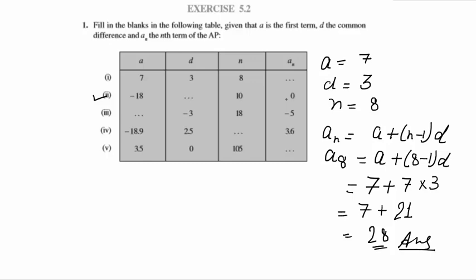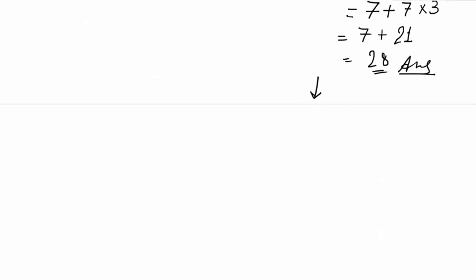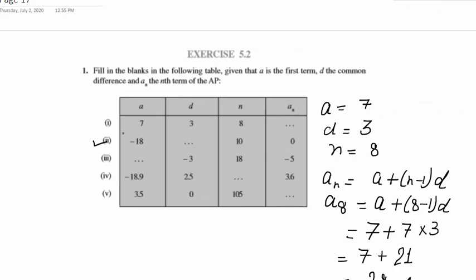Now in the second part, we have given that A is minus 18. In this, A is minus 18 and we have to calculate D, and n is given as 10 and the nth term is given as 0.